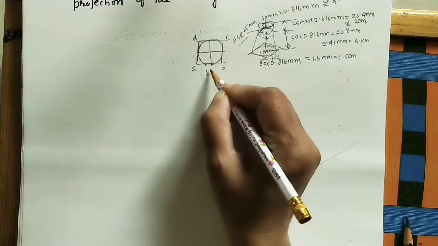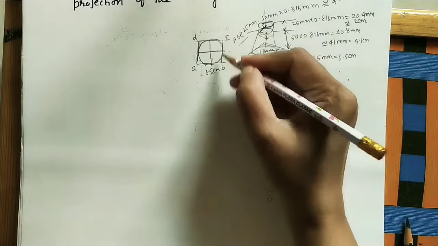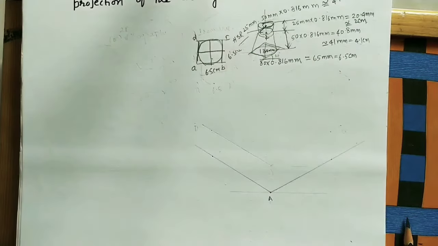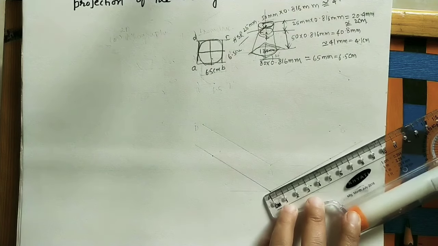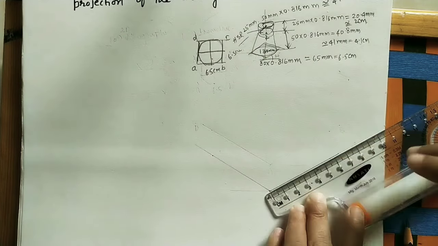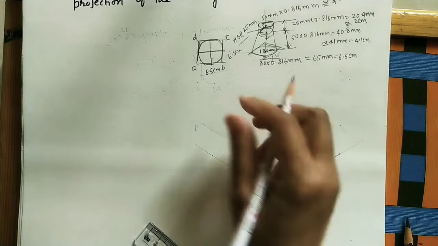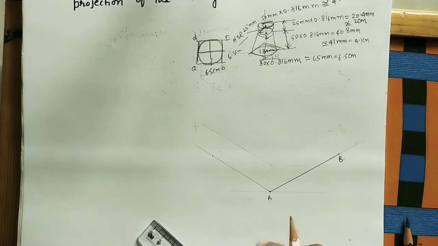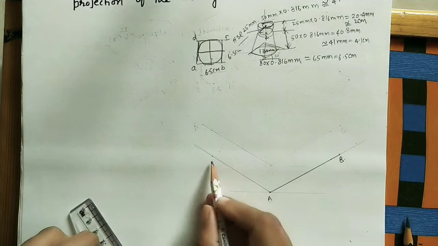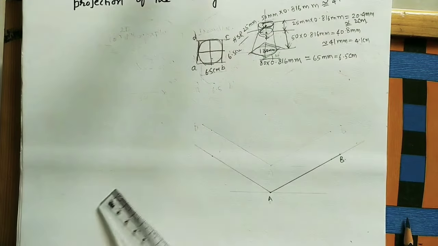It is 6.5 centimeters, and vertically also it is 6.5 centimeters. All four sides have equal length. So take this side as 6.5 centimeters. Mark the end point, make it dark. Now take this point as capital B. Now AB I have marked here. This side we can mark AD. So AD is also the same, 6.5 centimeters.